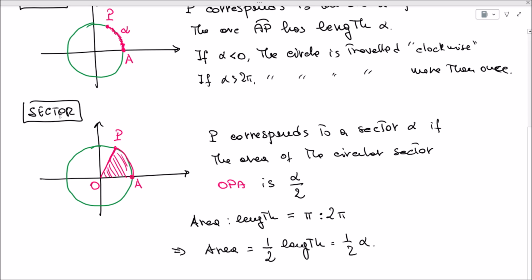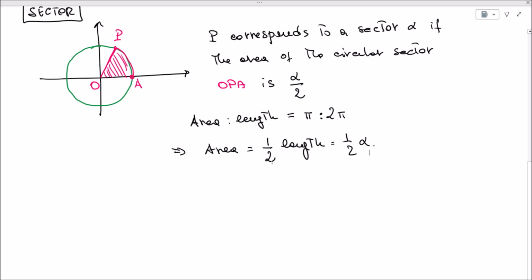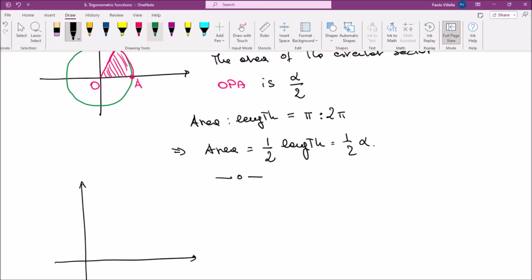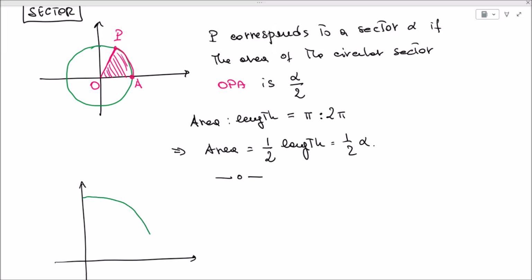Good. So now that we have established a correspondence between the position of a point P on the circle and the arc, we can define the point P. So let's once again represent the unit circle, and let's just consider the first quadrant.